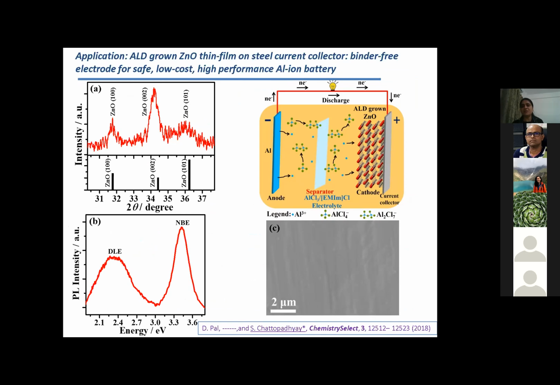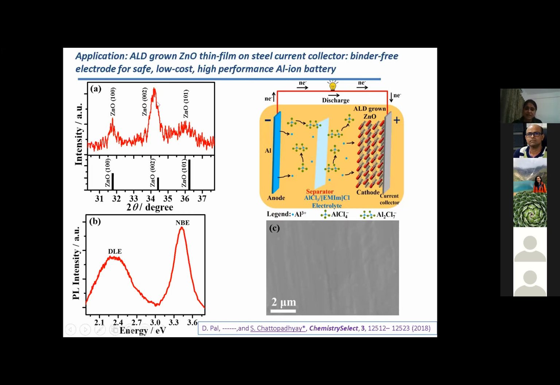We estimated the film thickness on the steel from ellipsometry, because steel roughness is comparatively within the micron order. For micron-order roughness, we cannot get X-ray reflectivity data, but ellipsometry is very good for getting these results. So we checked the film thickness from there.